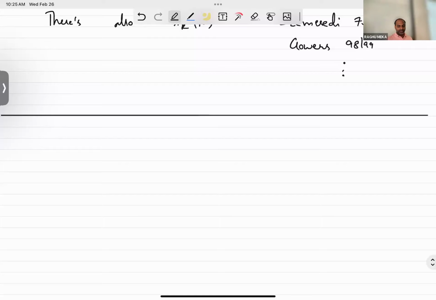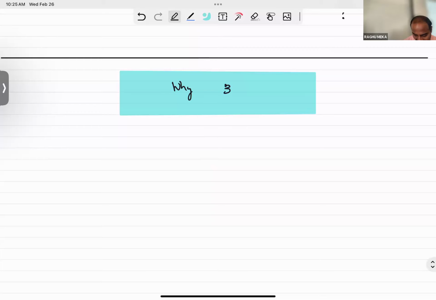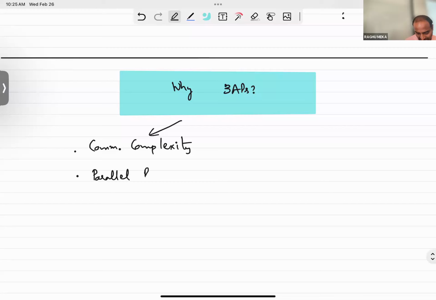Okay. So as I said, it's a very simple, elegant question. Why 3 APs? And we'll see it has some direct applications in communication complexity, and also to parallel repetition, which is another important problem in complexity and algorithms.